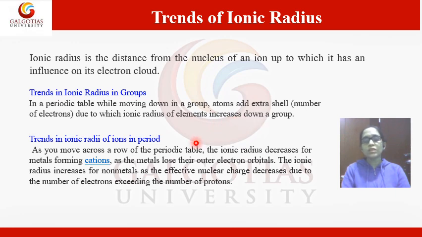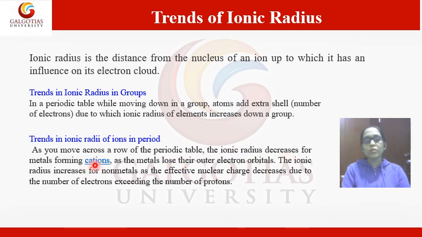Then let us discuss what happens in a period. When we are going across a period, the trend of ionic radius is not regular. That means sometimes it increases, sometimes it decreases. Let us see. When we are moving across a period, ionic radius decreases for metals.